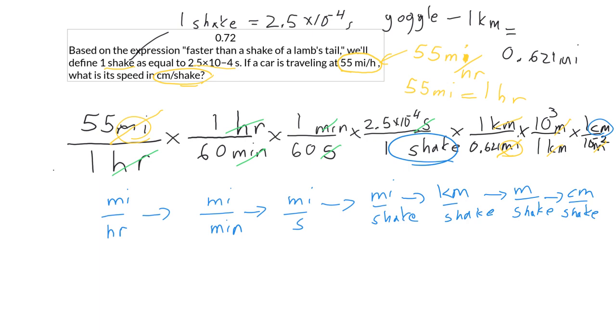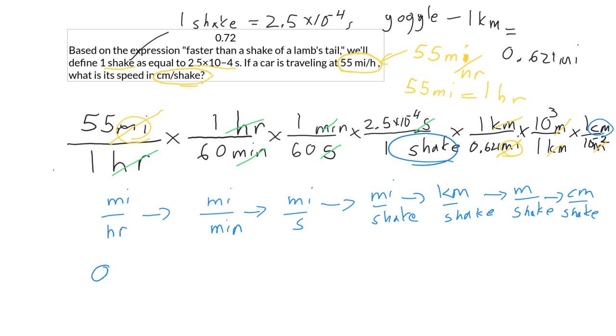And when I do that, I'm going to get 55 divided by 60 divided by 60 times 2.5 EE negative 4, divide by 0.621, times 1 times 10 to the third divided by 10 to the negative second, and your calculator gives you an amazing lie.